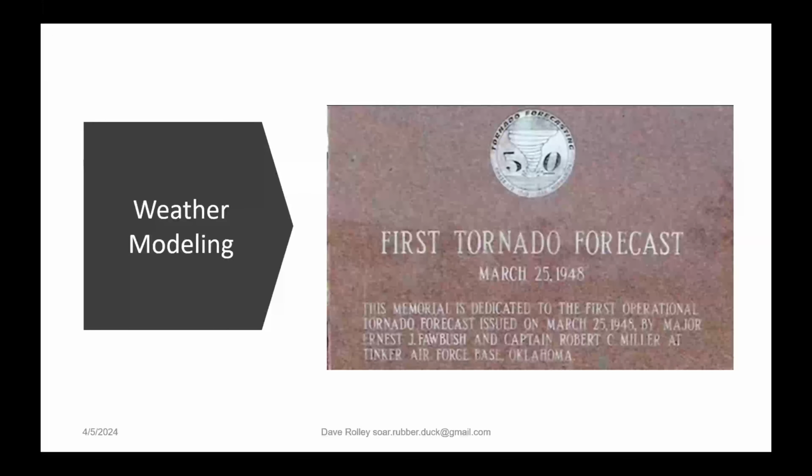It damaged or destroyed an additional 85 aircraft and additional buildings on the base. This time there were no reported injuries and no deaths. Okay, so the important thing here isn't that they prevented damage or injury with their forecast.